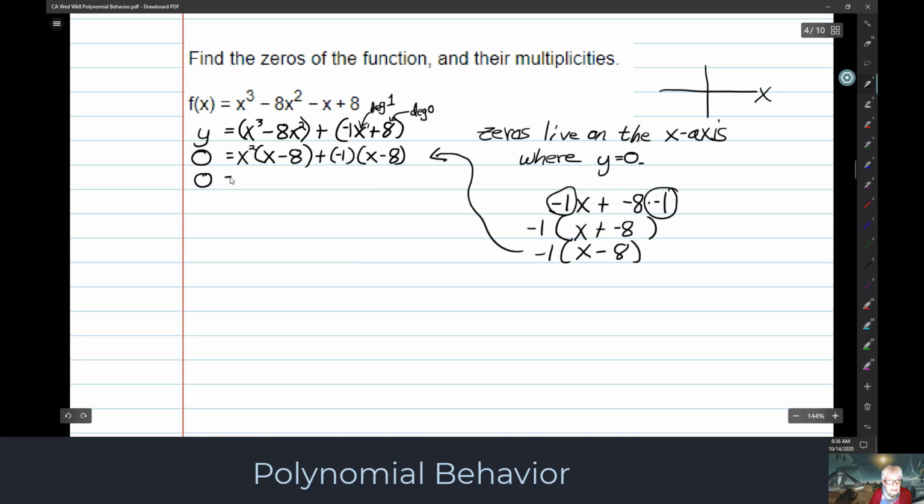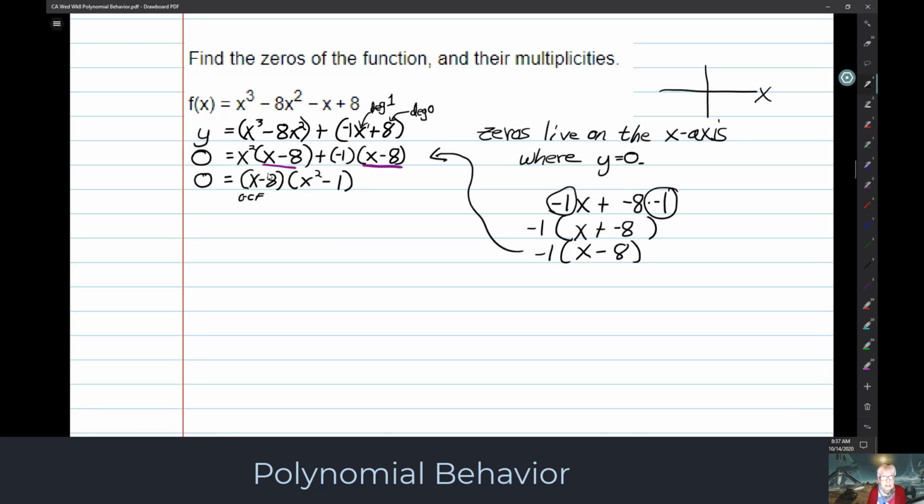Okay, 0 equals. Now x minus 8 is the GCF because it occurs on the left side of that plus sign and on the right side of that plus sign. So I am going to pull out x minus 8 as the GCF. And then the leftovers are x squared minus 1, x squared plus -1.